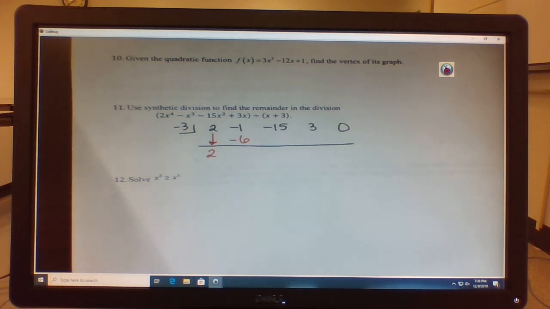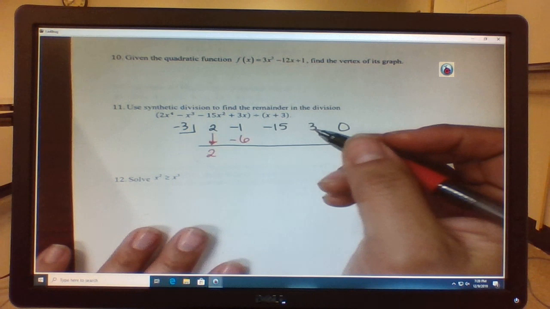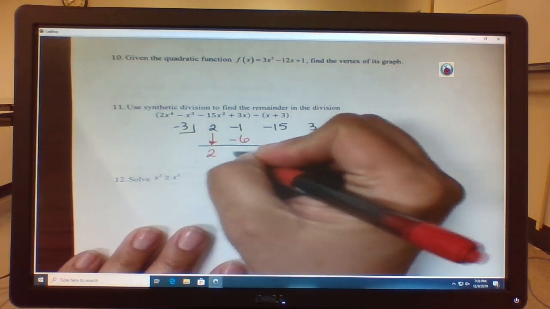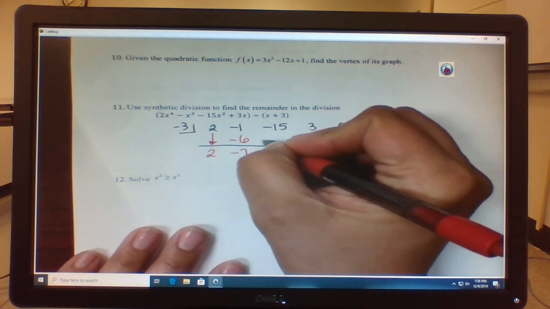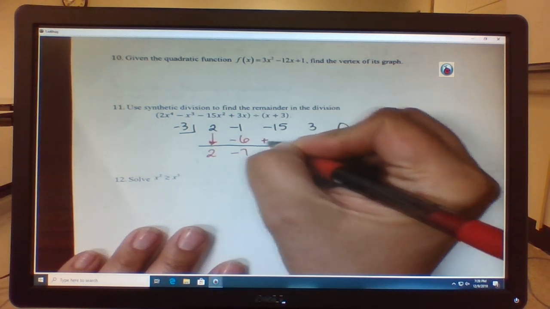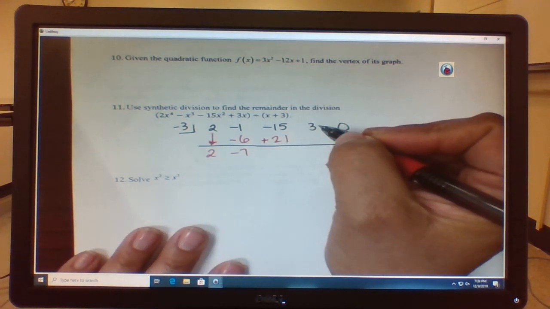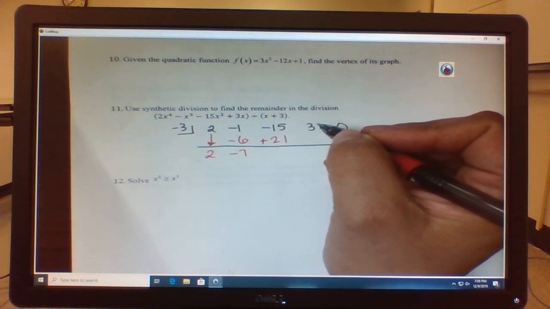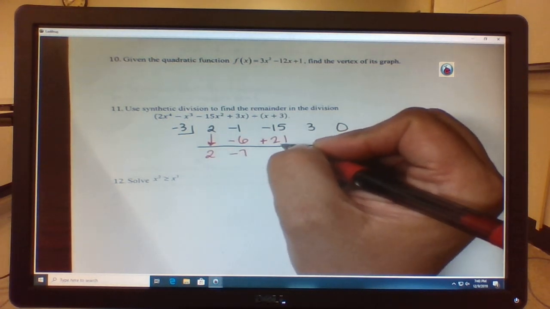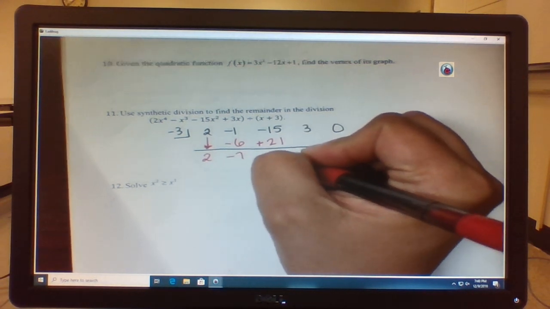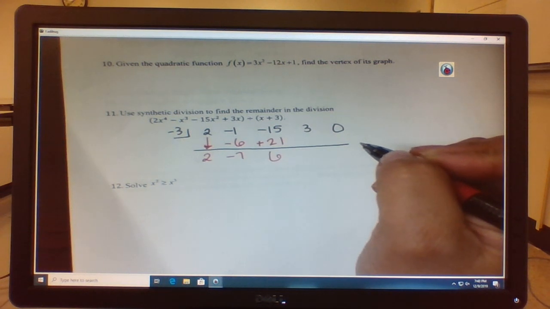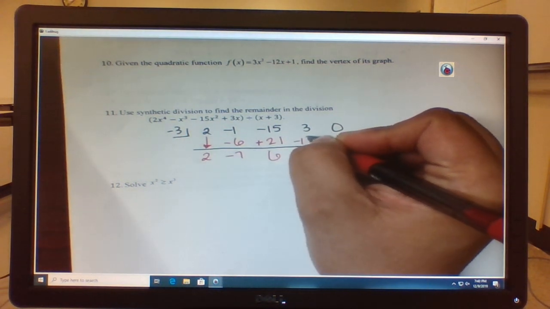Negative 7. Negative 7. And then? Positive 21. And then? 7, 6. And then? Negative 15.